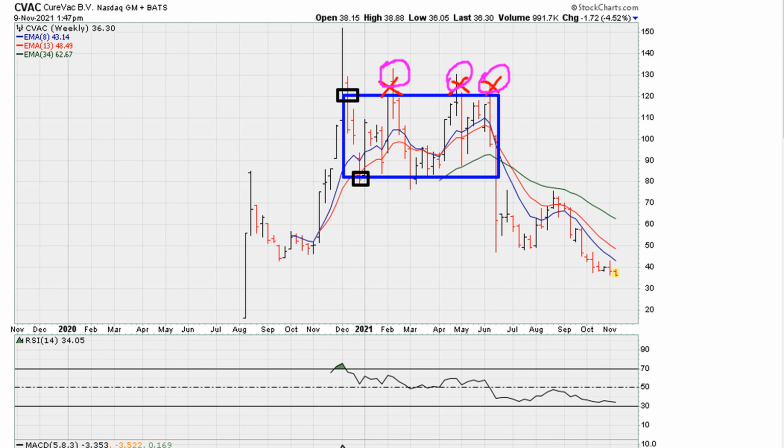At any rate, we see a failed breakdown attempt. It tried to break down here, but kept the base formation. But now, at some point, you can see that there was a violation of this base. This is the second red flag.